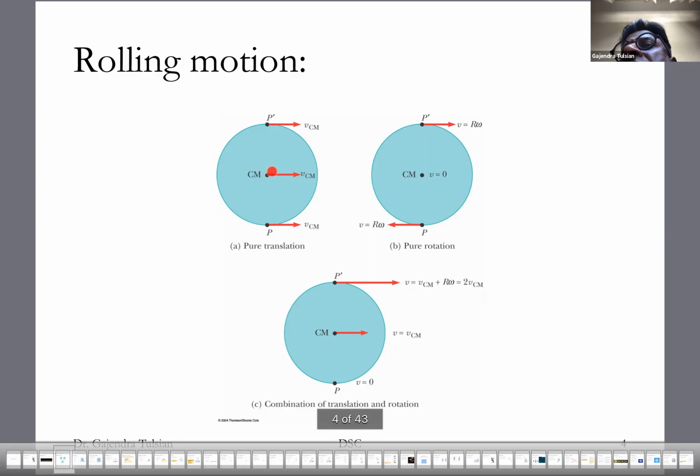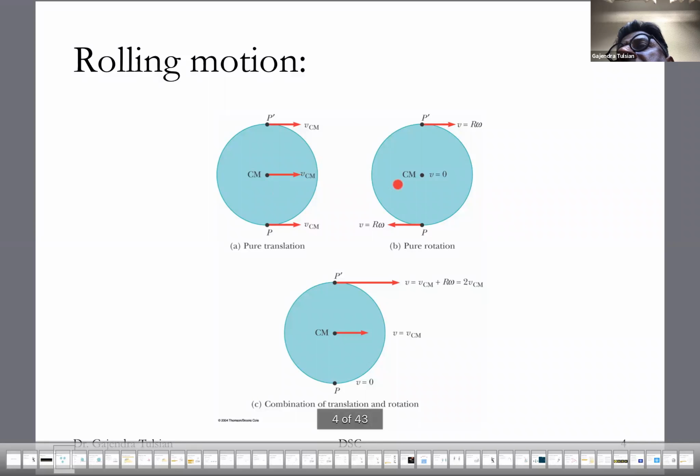Here's a wheel that is spinning about that axis. So these points are moving in this direction, these points are moving in this direction. This is an instantaneous snapshot. This wheel is just translating to the right, and this wheel is spinning like that.